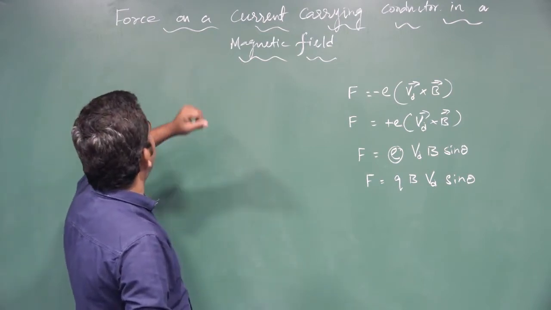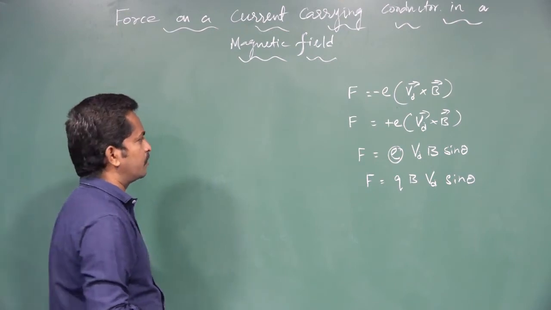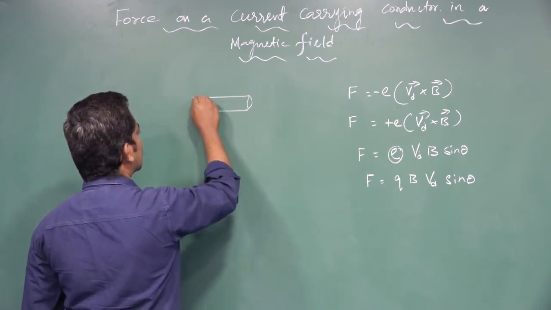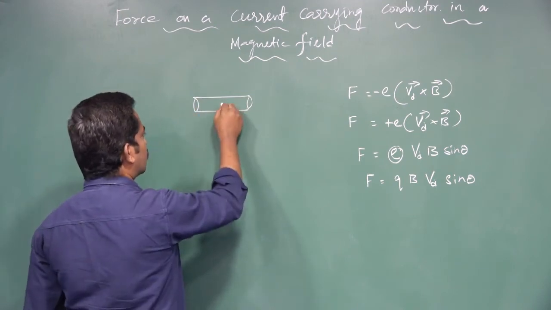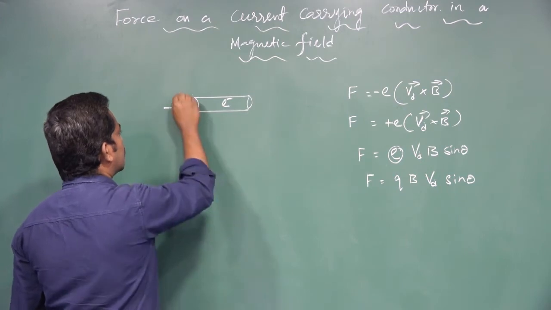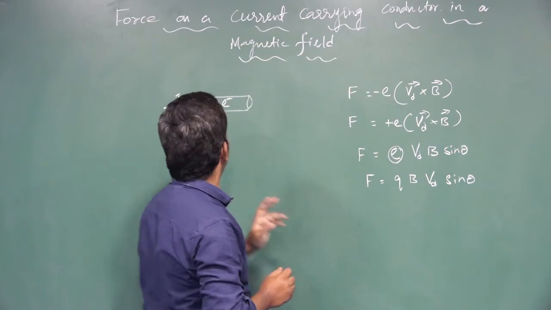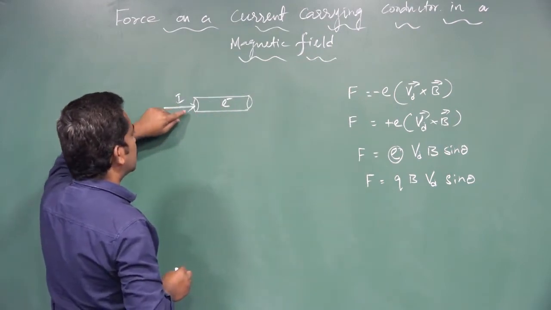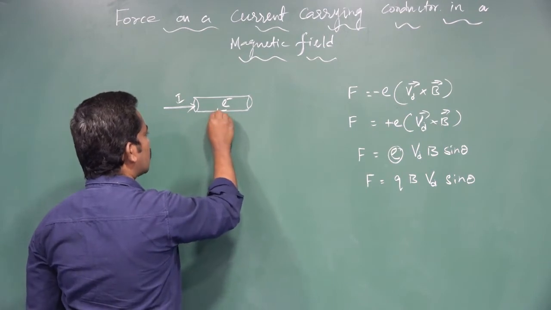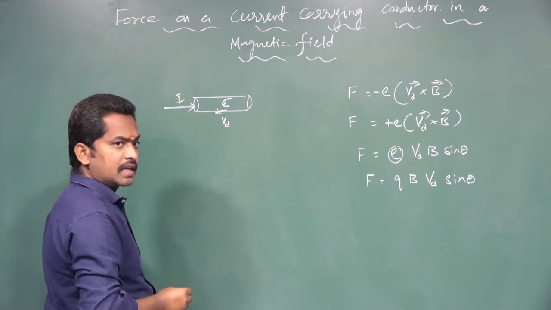But here we want the force on a current carrying conductor in a magnetic field. Just consider one conductor with free electrons. When current I flows through the conductor, the drift velocity of the electron Vd is opposite to the direction of current.